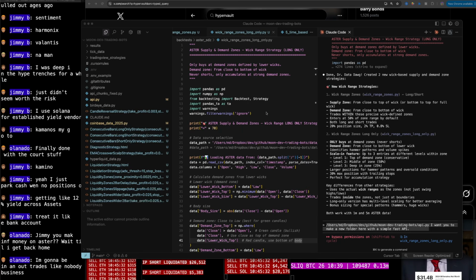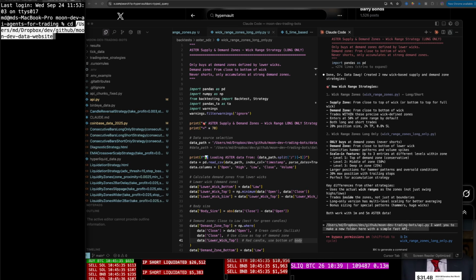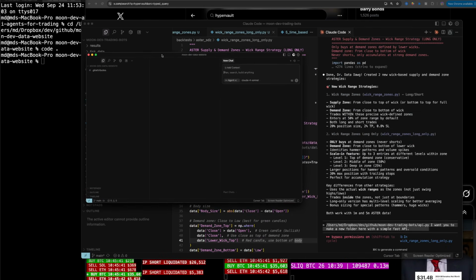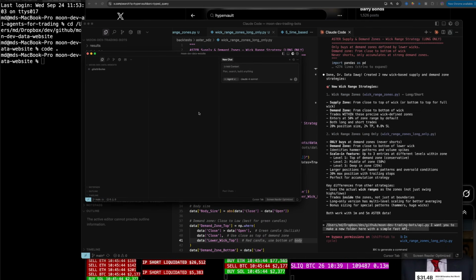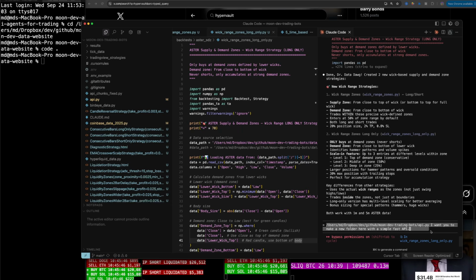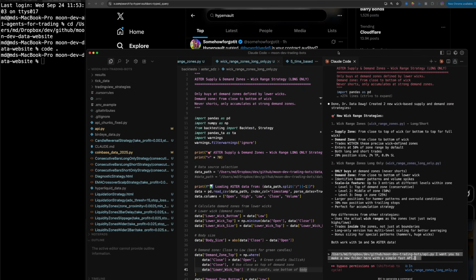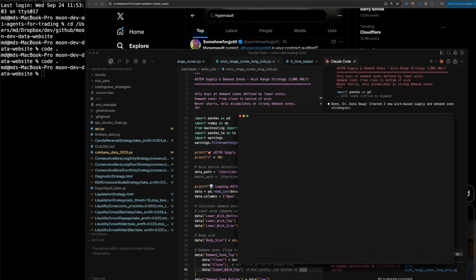Copy repo path. cd, code dot. Boom. Command W. What the hell? Wasn't the right play, I guess. Code dot.